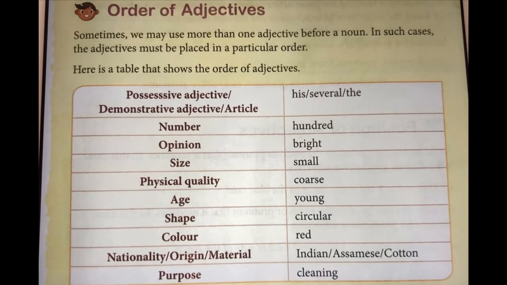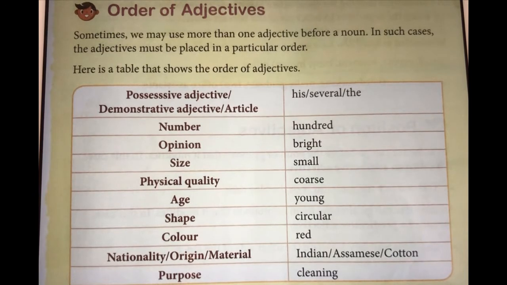Then if you have opinion, as in it can be bright, it can be beautiful, it can be ugly, any kind of opinion. If you have such types of opinion in your sentence, you will write it next. Then you have size, as in it can be small, it can be short, it can be tall, long, anything. Next one, physical quality. Physical quality can be coarse, it can be any kind of physical quality.